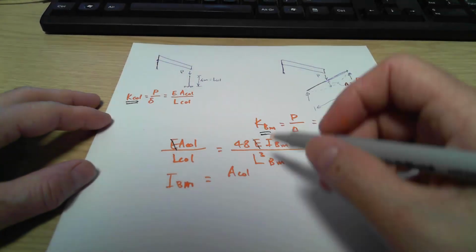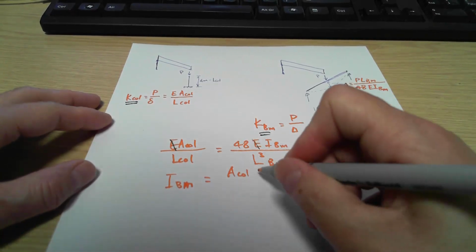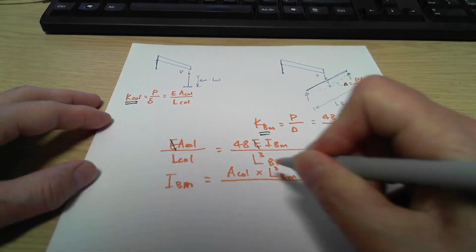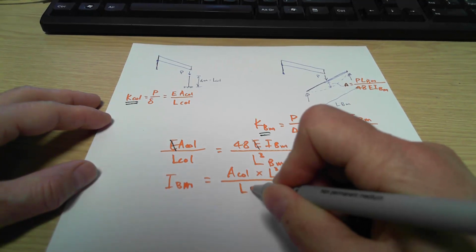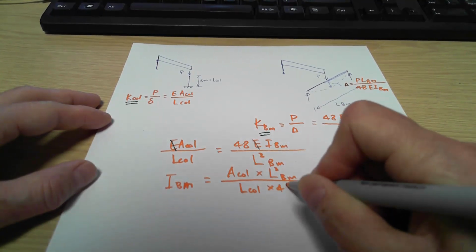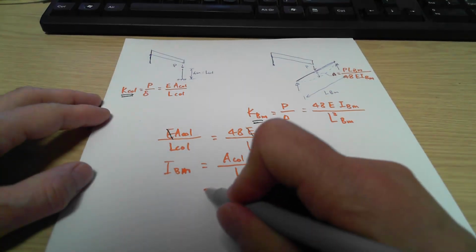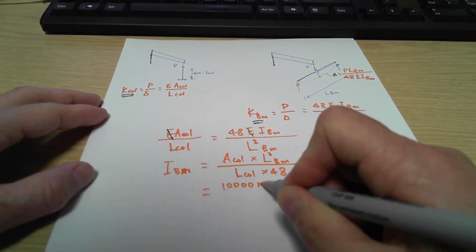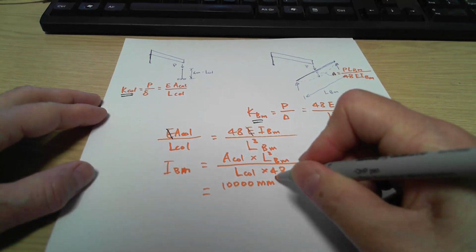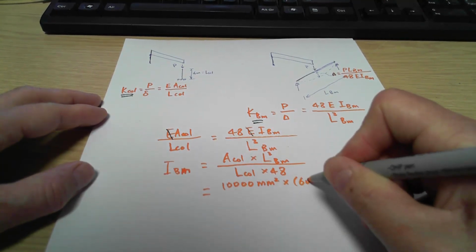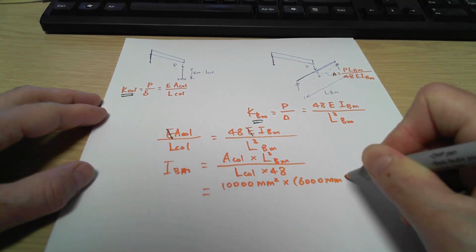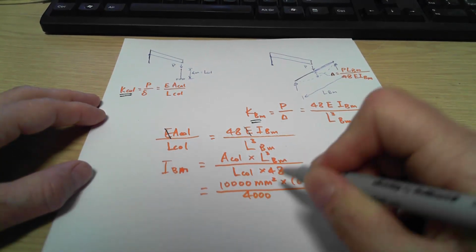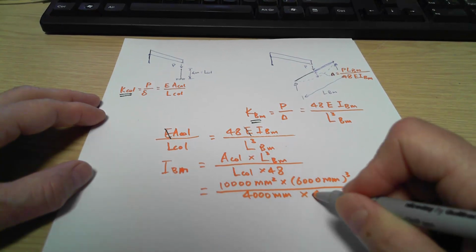Now, A column, so let's continue this derivation. Times L, the length of the beam cubed, and divided by L column and times 48A. Once you've done that, you put the numbers in. A column is 100 centimeter squared, converted to millimeters squared, times 6,000 millimeters cubed, divided by the length of the beam, 4,000 millimeters, times 48.